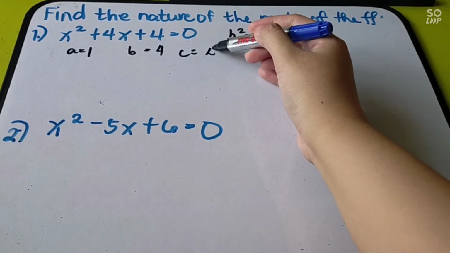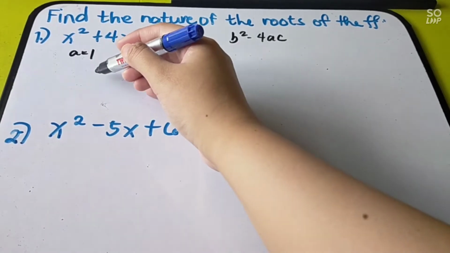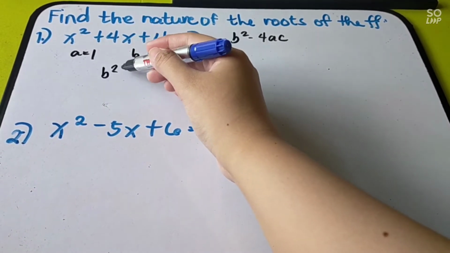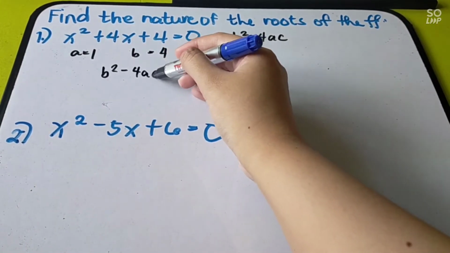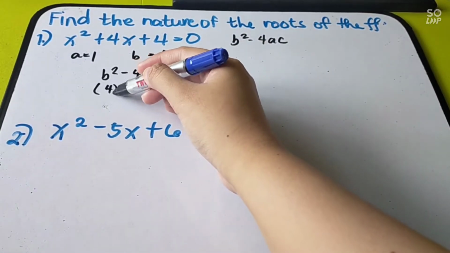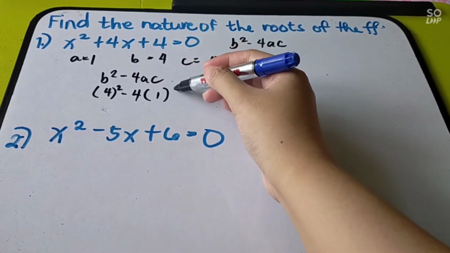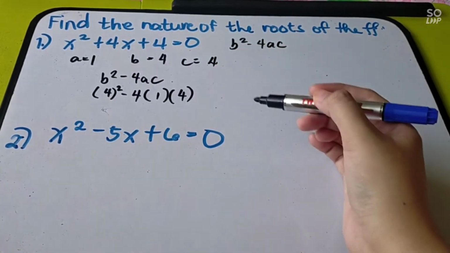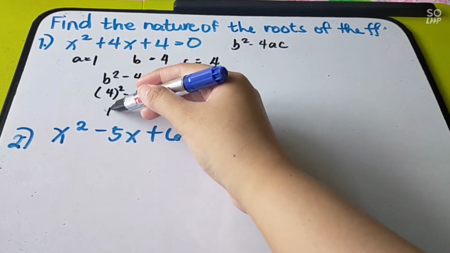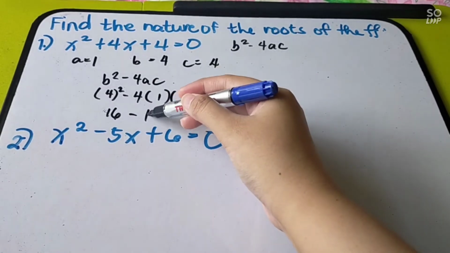And your c, we have 4. Let us just substitute it to your given formula, b squared minus 4ac. That is your d. So, just substitute, that is 4 squared minus 4 times your a as 1, your c as 4. 4 squared, we have 16, minus 4 times 4, that is 16.